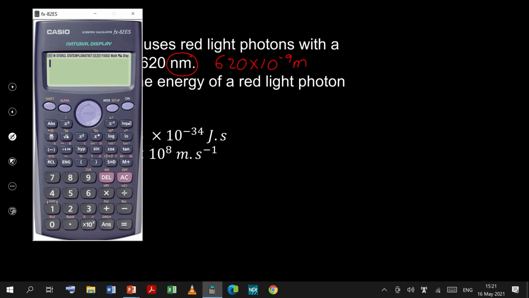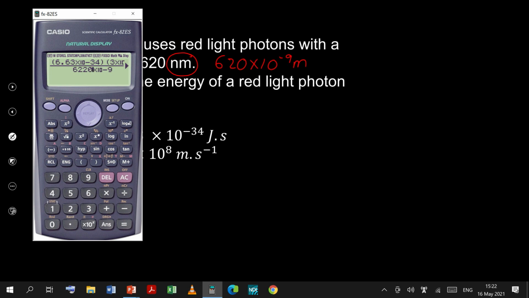Our formula is still the same. We have in brackets 6.63 × 10^-34 for Planck's constant, multiplied by the speed of light, 3 × 10^8, all divided by our new wavelength for red photons, 620 × 10^-9 meters.